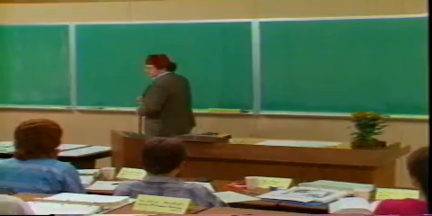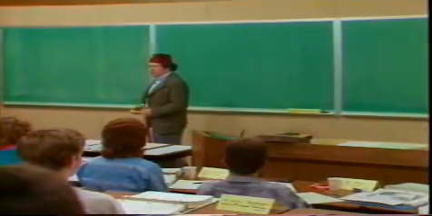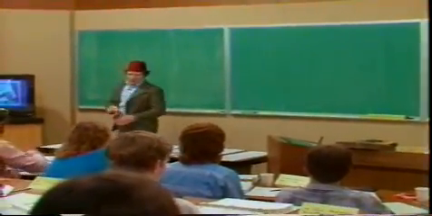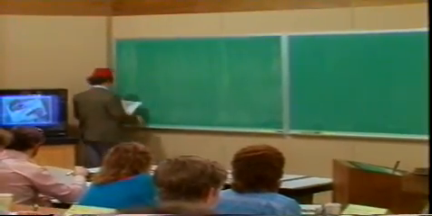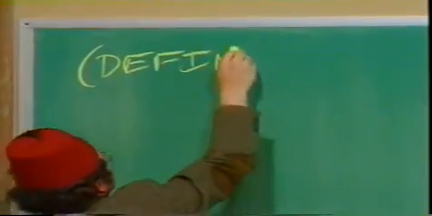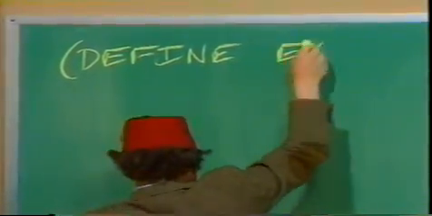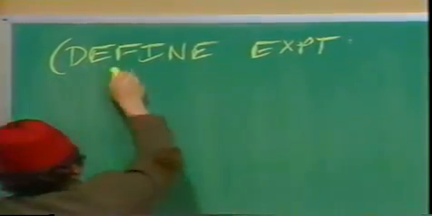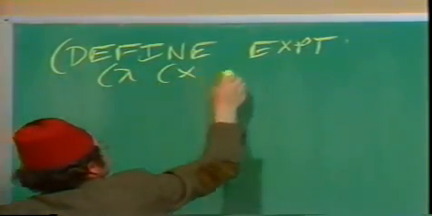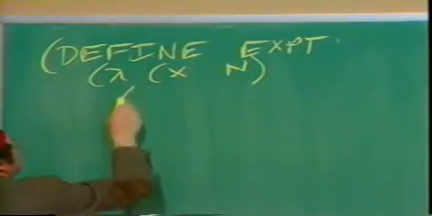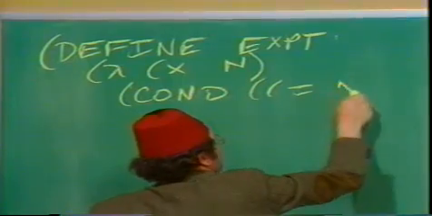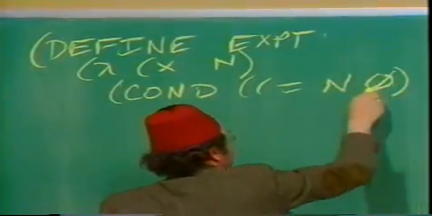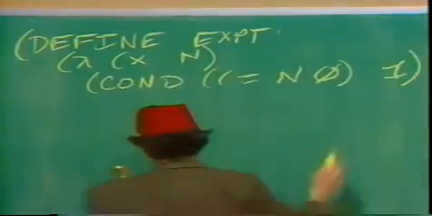Well, let's see here. Consider the following small program. What does it mean? It's a program for computing exponentials. The exponential of x to the nth power is: if n is 0, then the result is 1.